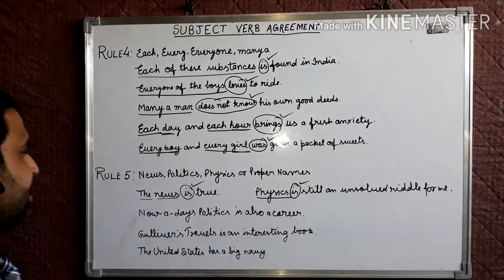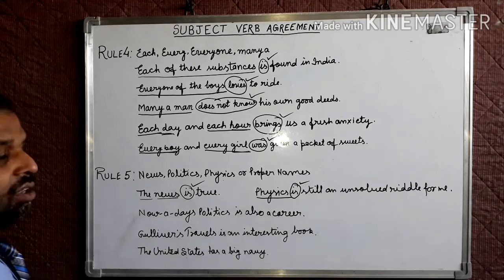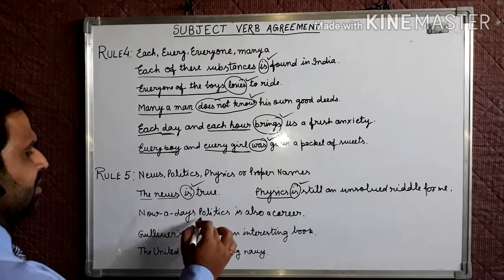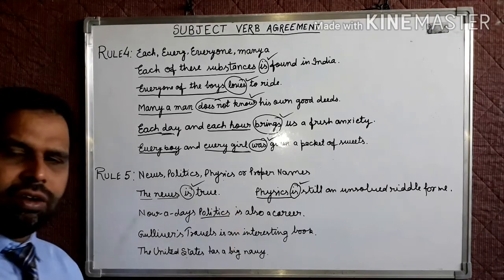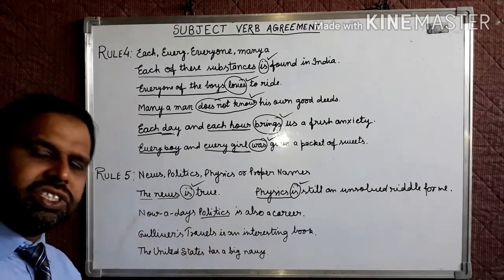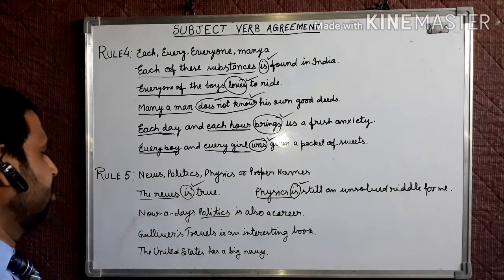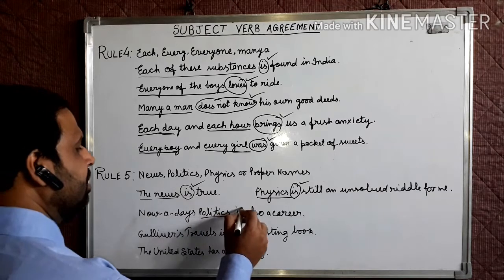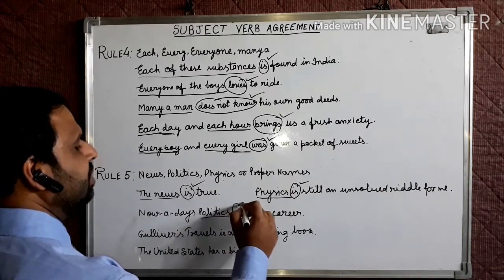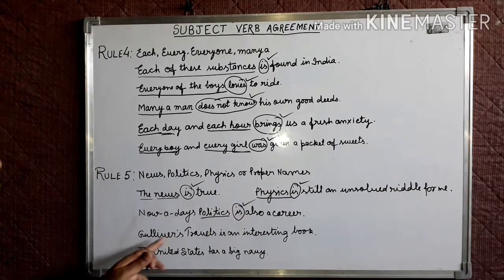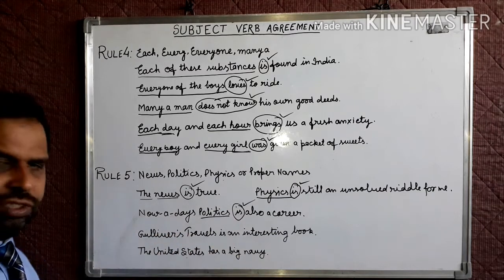Next sentence is nowadays politics is also a career. So politics, again the same word that looks in formation a plural but it is considered as singular. That's why the verb that has been used here is in singular number, that is. Gulliver's Travels is an interesting book.